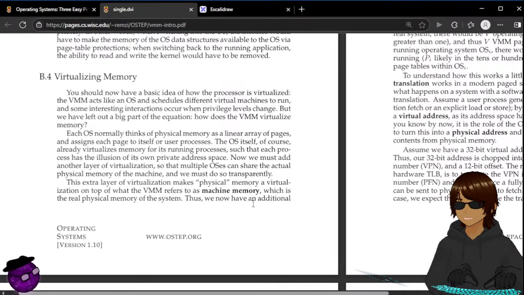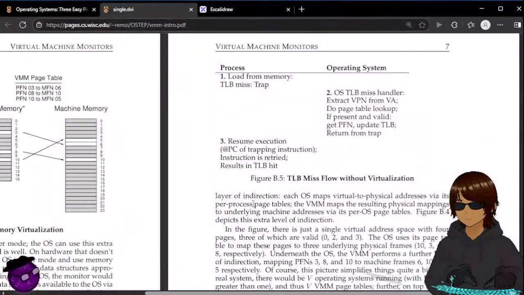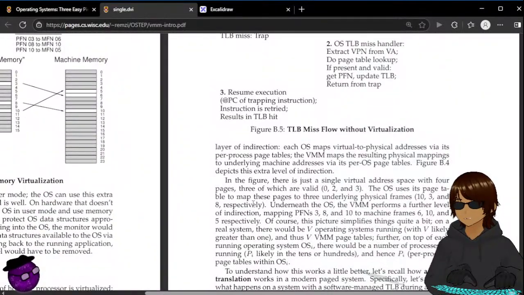Thus, we now have an additional layer of indirection. Each OS maps virtual to physical addresses via its per-process page tables. The VMM maps the resulting physical mappings to underlying machine addresses via its OS page tables.